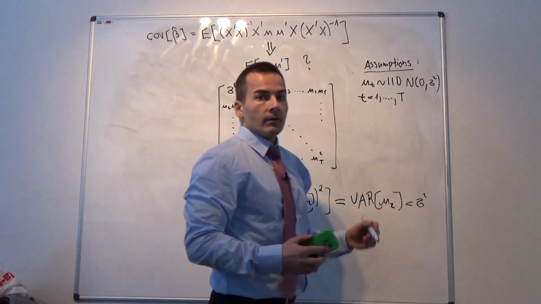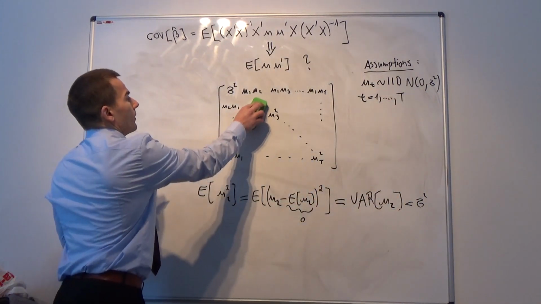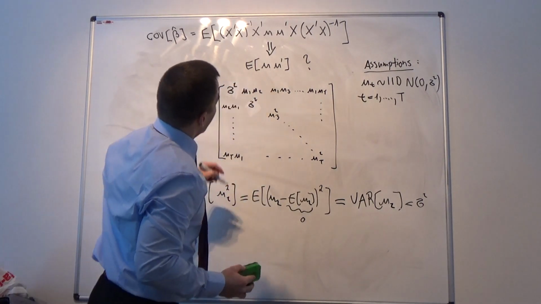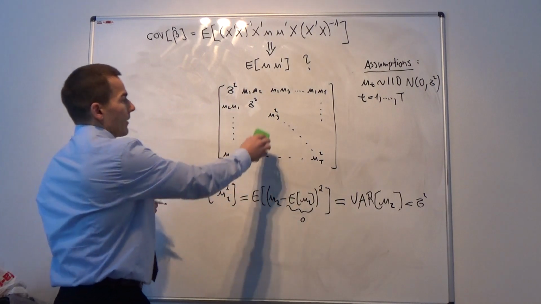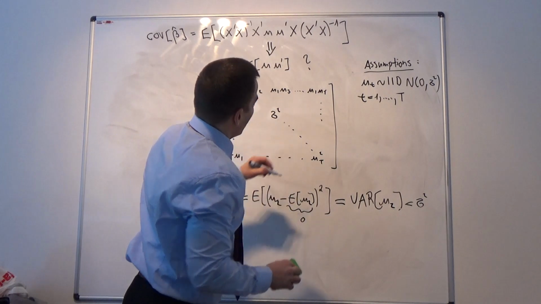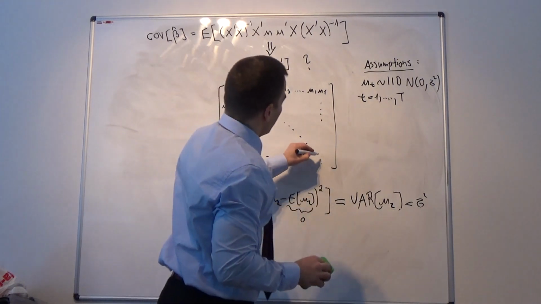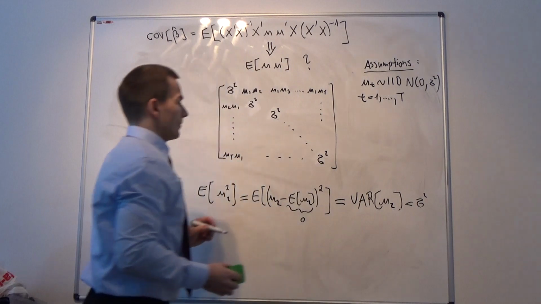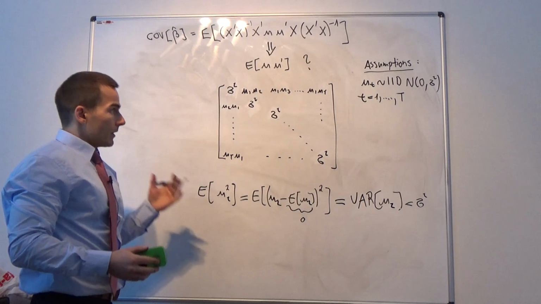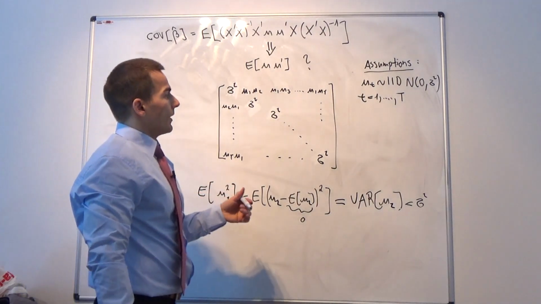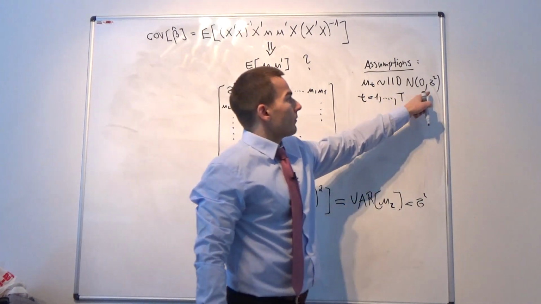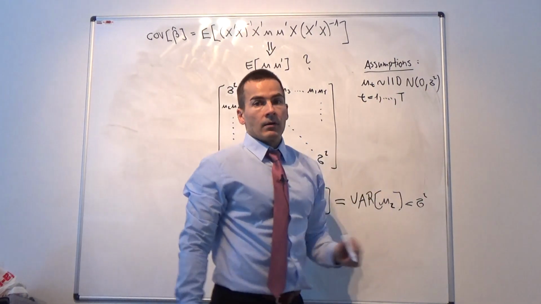So what is on the main diagonal is sigma squared, and we can do this for all the others as well. Again, why is it like that? Because we assume that the random variables follow the same distribution, and all of them have a variance of sigma squared.